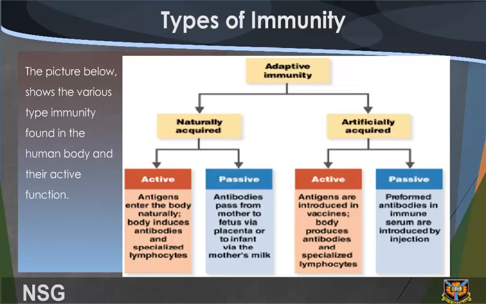Body induces antibodies and specialized lymphocytes. Passive. Antibodies pass from mother to fetus via placenta or to infant via the mother's milk. Artificially acquired. Active. Antigens are introduced in vaccines. Body produces antibodies and specialized lymphocytes. Passive. Preformed antibodies in immune serum are introduced by injection.